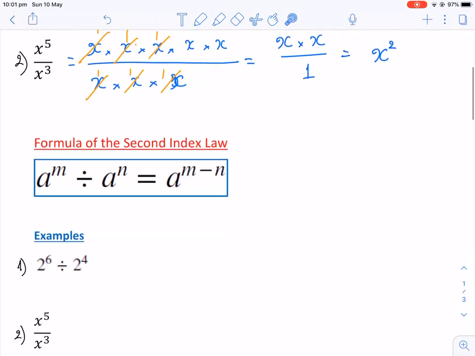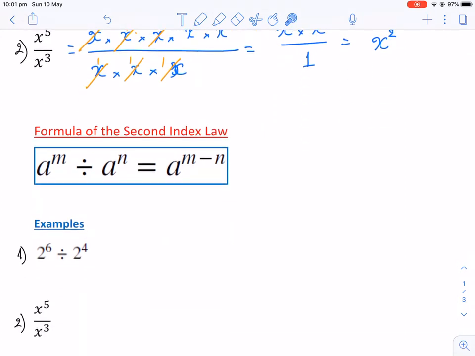How does it work? With example 1, we just redo it using the second index law. So 2 to the power 6 divided by 2 to the power 4. Based on the second index law, these two numbers are in index form, and they have the same base, which is 2. So I'm going to keep the base, which is 2.